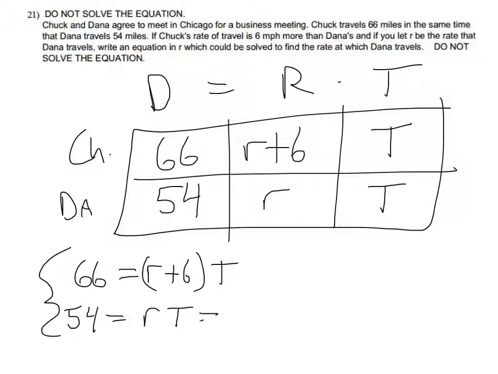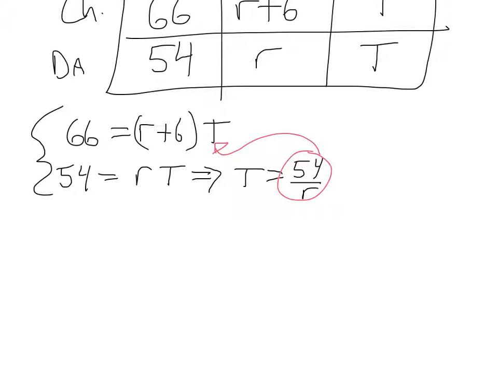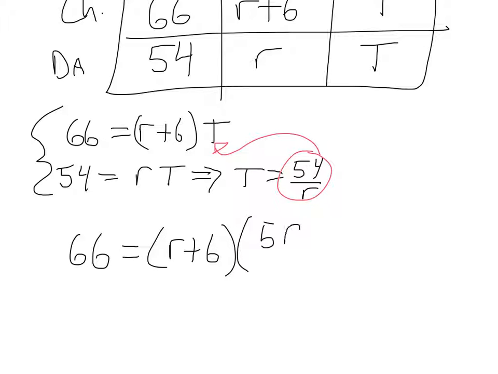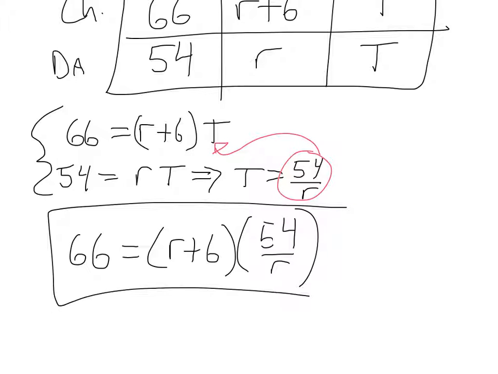So let's take one of these and solve for t, and take that and plug it in for t in the other one. And this is substitution, and we get 66 equals r plus 6 times t, which is 54 over r. Done. There's an equation for r.